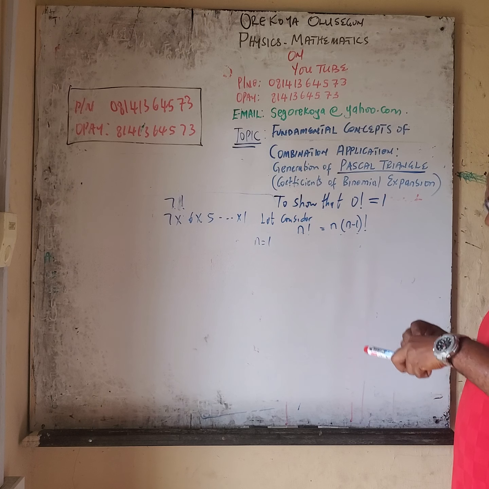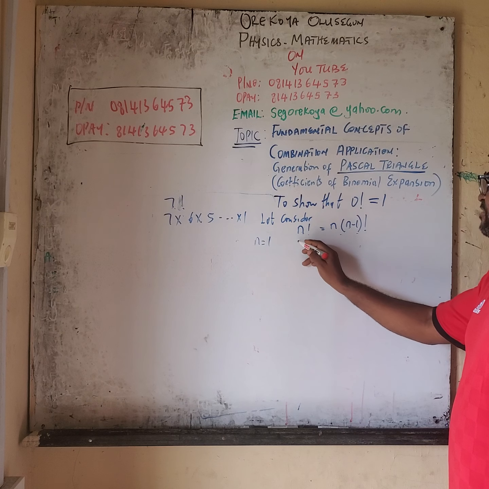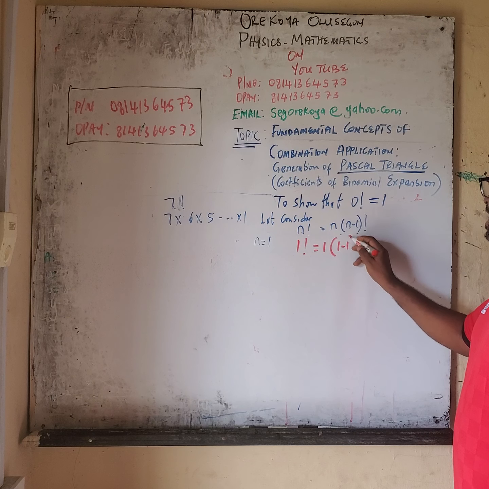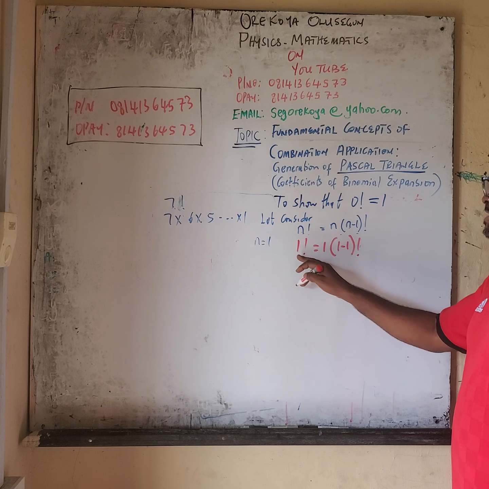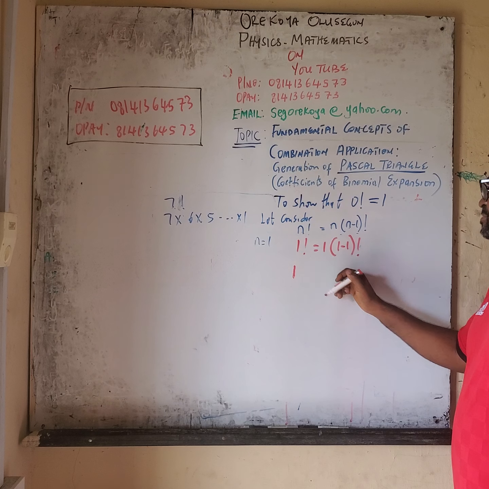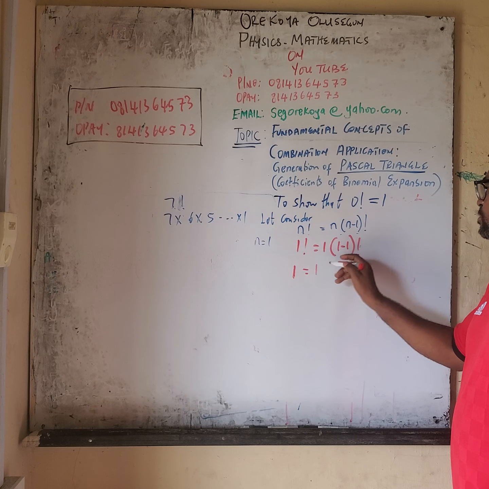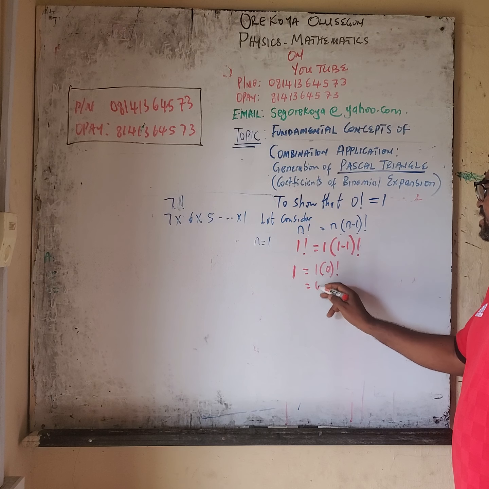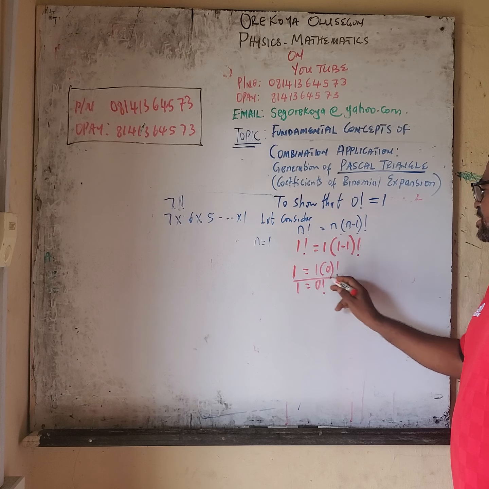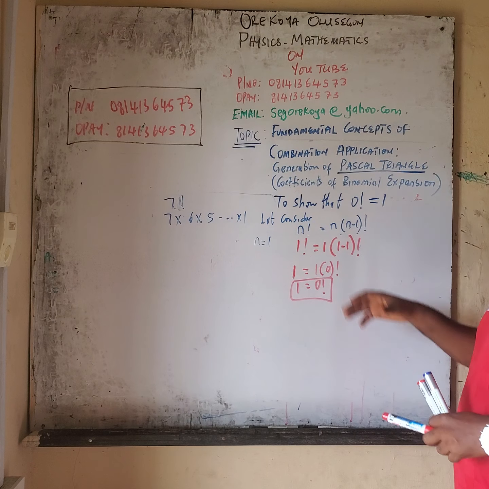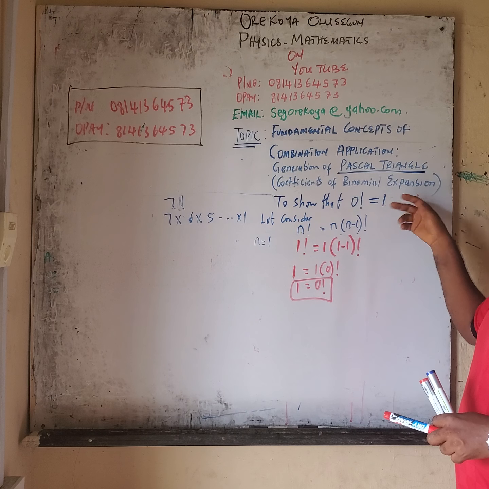When we make n equal to 1, I have 1 factorial is equal to 1 times 1 minus 1 factorial. And 1 factorial is 1 because we are not going to decrease it. So 1 is equal to 1 times 1 minus 1 factorial, which is 0 factorial. So 1 is equal to 0 factorial.